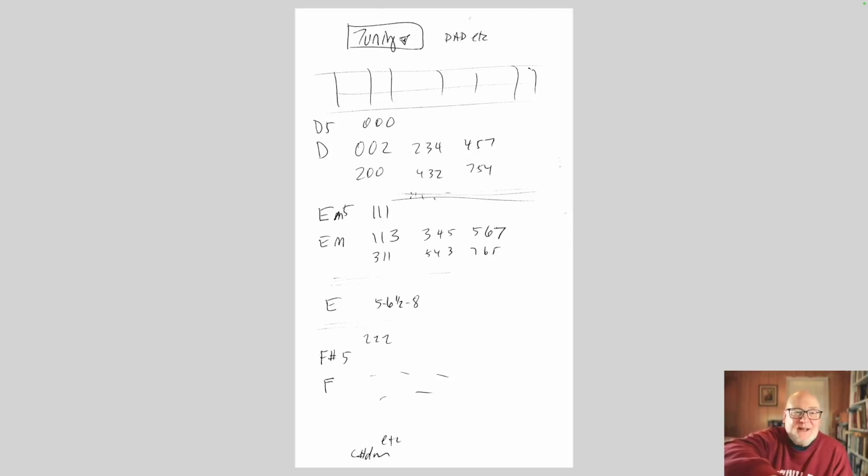All right, but anyway, I'm thinking just like, okay, show the chart with D, maybe fill in the D notes, D, F sharp, A, and then write the chords 0, 0, 2, 2, 3, 4, 4, 5, 7 per chord. Now there's no D sharp or E flat because dulcimers just don't have them, at least diatonic ones. And so we'd go on next to E, and you can get an E minor chord.